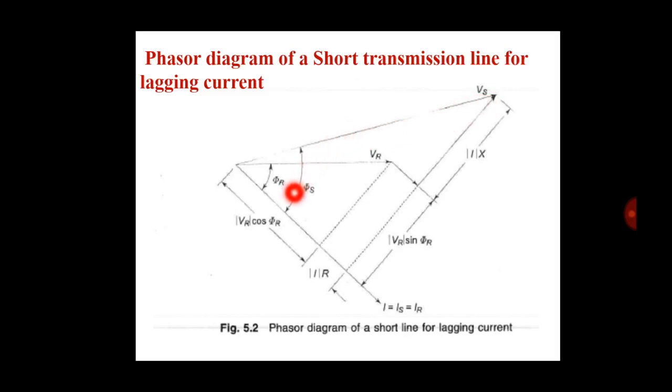Now here is the component of VR along the phase, VR cos phi r, and at 90 degrees this is VR sin phi r.